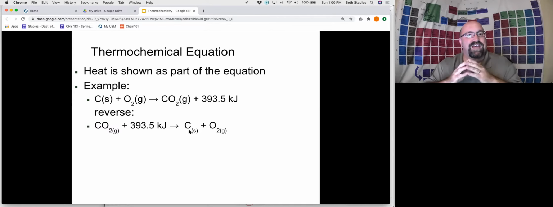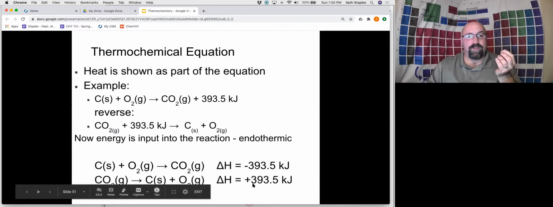What did we say in the last lecture about energy being input? Is that endo or exothermic? That's endothermic, right? Energy being input into a system is endothermic, and we represent that with a positive delta H value.